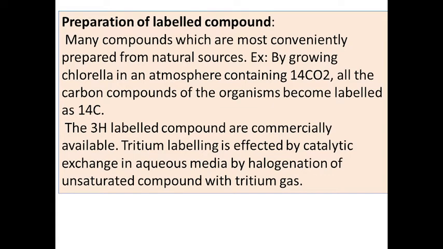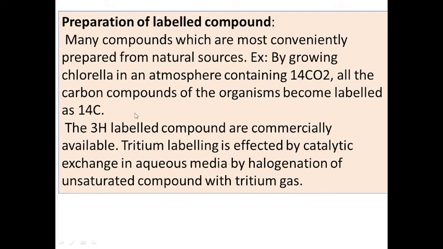3H labeled compounds are commercially available. Tritium labeling is effected by catalytic exchange in aqueous media or by hydrogenation of unsaturated compound with tritium gas. So 3H labeled compound, that is hydrogen-3 isotope, is commercially available. How is the tritium labeling done?